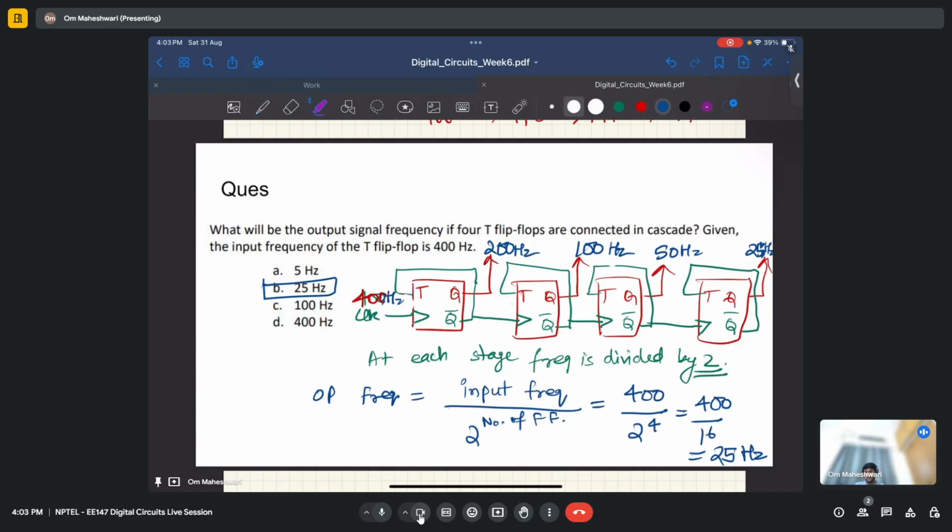You just need to remember this. This is only true for cascade connection.